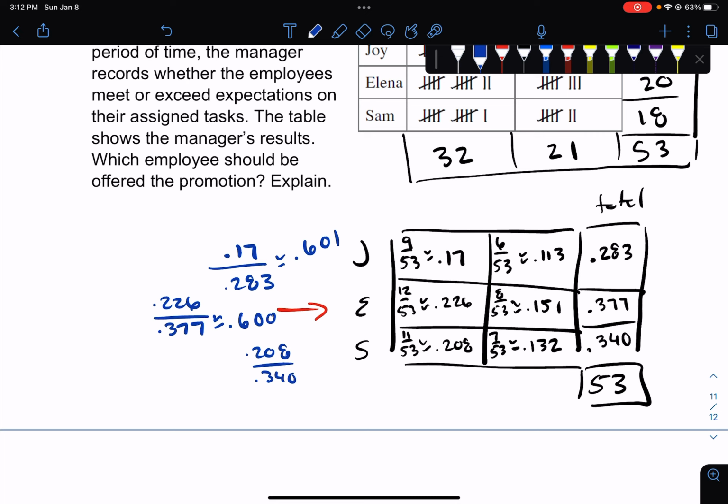So just barely underneath is Elena with just a little bit less exceeding expectation. Such a small amount, actually, that it probably doesn't matter. Hopefully, Sam's is significantly different so that it helps us make a decision.